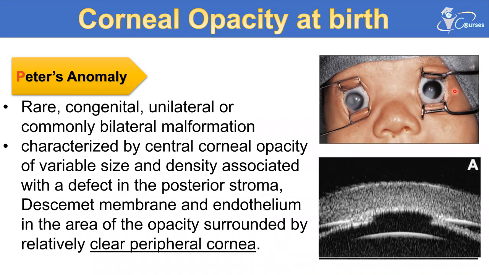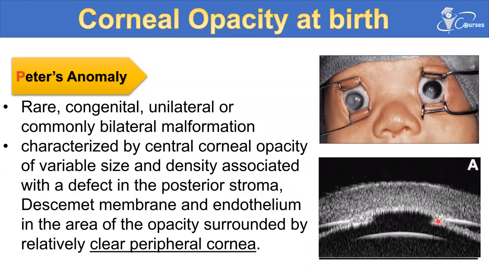So what will be the features of Peters anomaly? Peters anomaly is one of the anterior segment dysgeneses. So it is characterized by a defect. There will be a central corneal opacity due to a defect present in the posterior stroma.